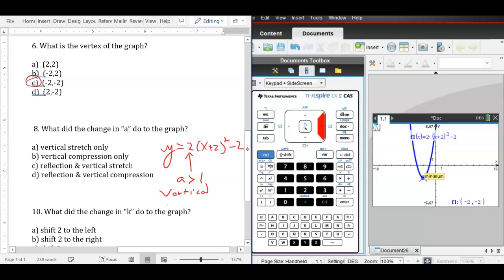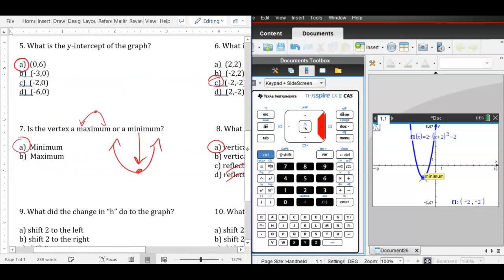Okay. If it's less than 1, it's a vertical compression, and if it's negative, it does a, what do you call it? Reflection. Okay, but this is positive, so there's no reflection. It's a vertical stretch, so vertical stretch only.